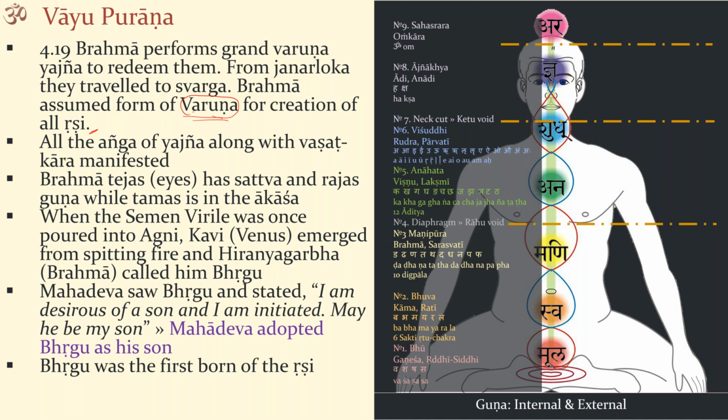So this bondage and freedom from bondage is a game that is going on between Shiva and Varuna. When Shiva is putting a curse, that means bondage, on the Rishi, Varuna can free them.